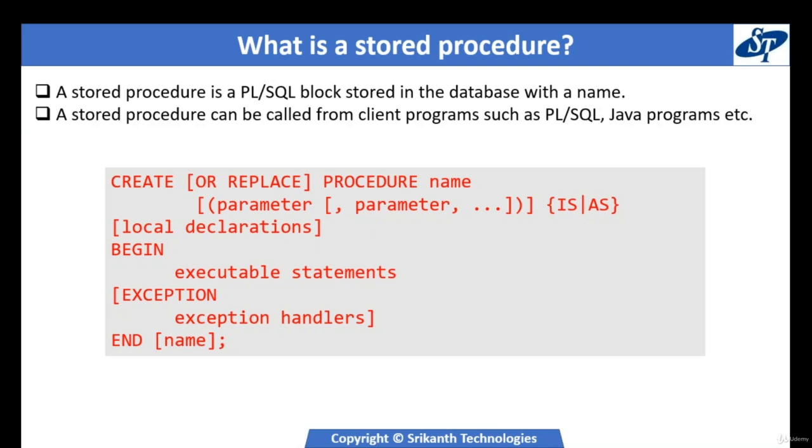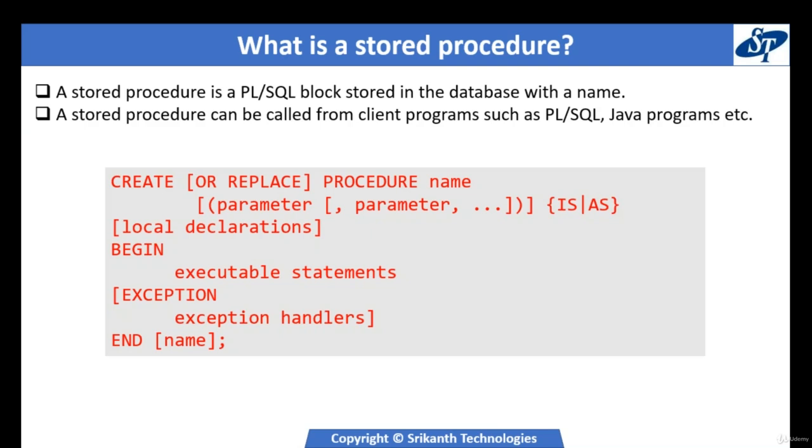Now the syntax is pretty simple. We have to use create procedure followed by the name of the procedure. A procedure may take parameters. If you have parameters, list them in parentheses.